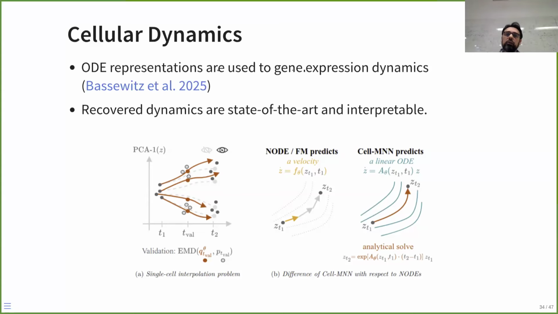The question is whether you can predict this evolution using gene expression data. You're given gene expression data over a number of days, but you have some missing days in between. So can you predict the trajectory in these missing days?